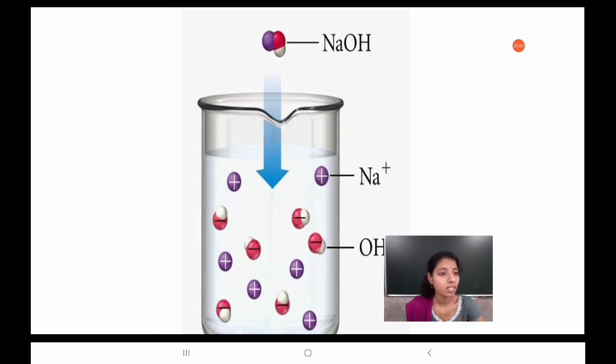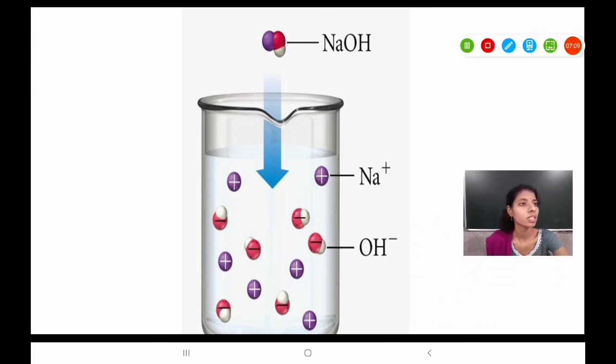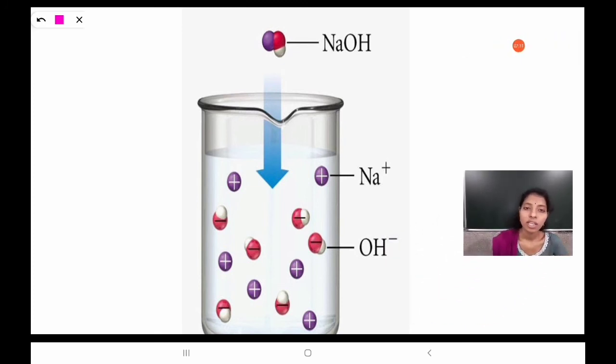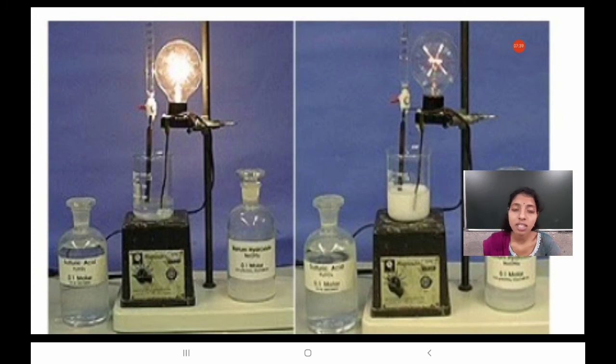So you can see in this picture, when sodium hydroxide is mixed with water, it releases hydroxide ions, right? So the movement of hydroxide ions in solution helps the flow of electric current. So in sodium hydroxide solution the flow of electric current is more.